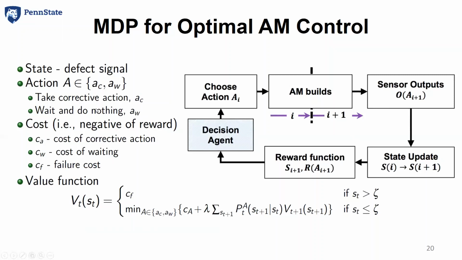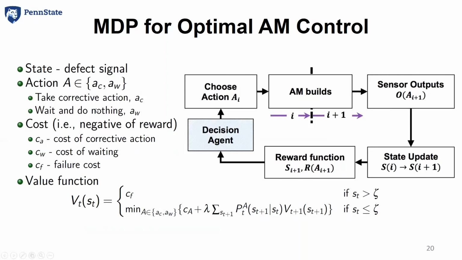And the cost. First, if you're going to do the corrective action, there is a cost because you're going to machine off the whole layer. There's a certain cost with that layer. If you do too many corrective actions, the finishing time of this build is going to be prolonged.